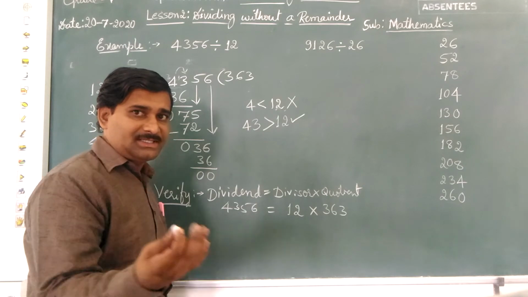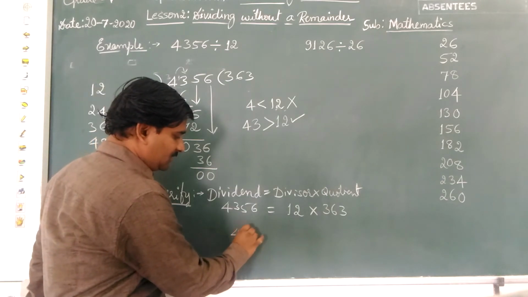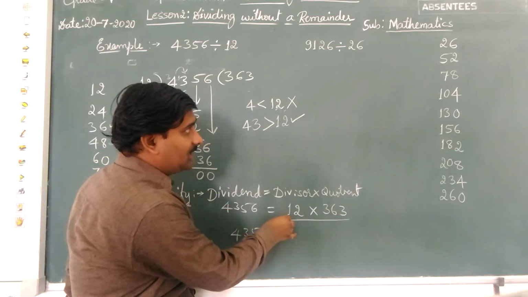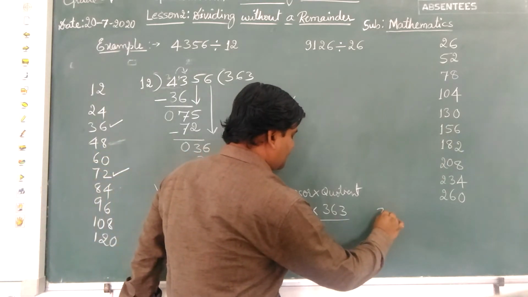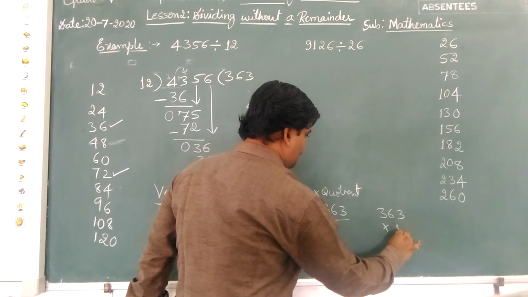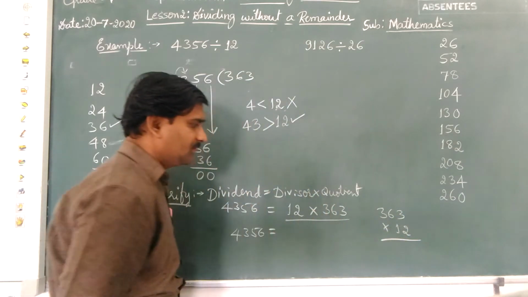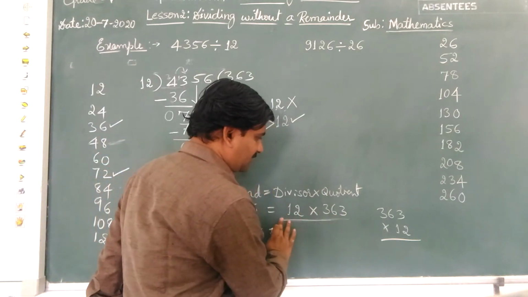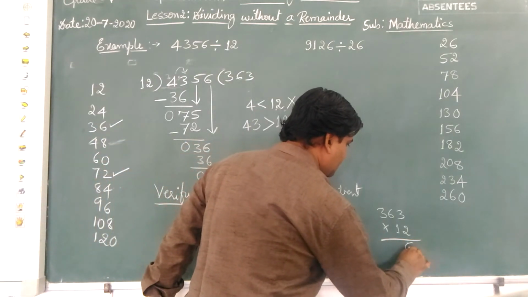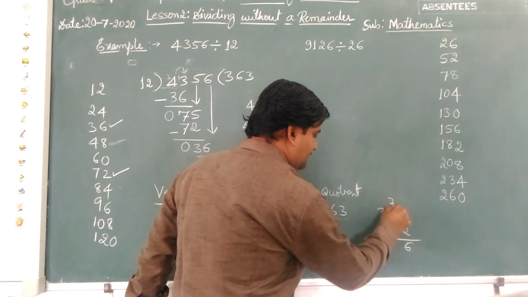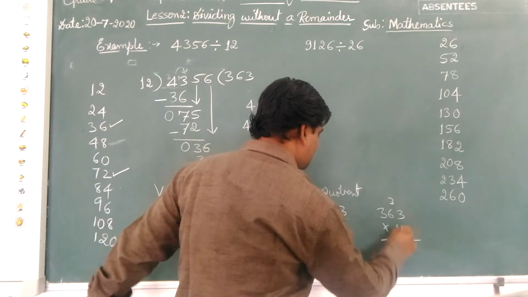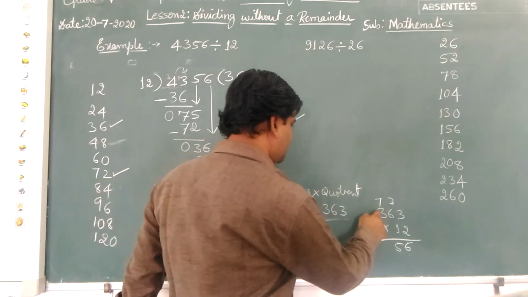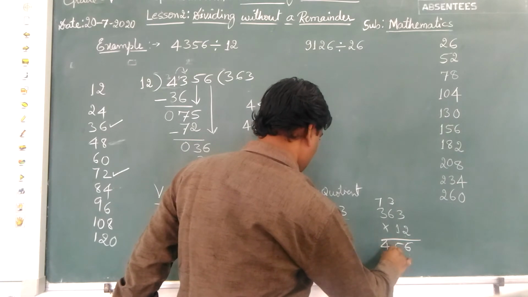One side we have already got, so we should keep it as it is. Only we should multiply this one, 363 into 12. After multiplication, what will you get? 12 3s are 36, 12 6s are 72 plus 3 is 75, carry 7, 12 3s are 36 plus 7 is 43.